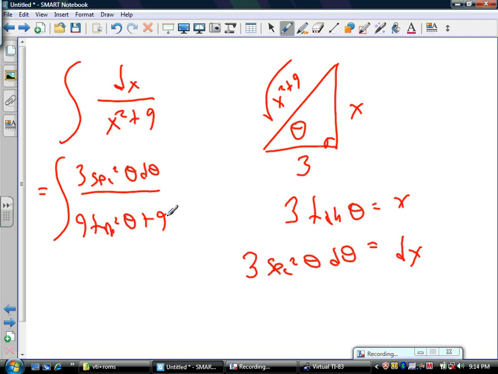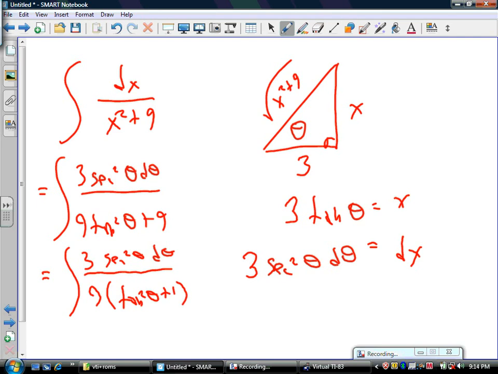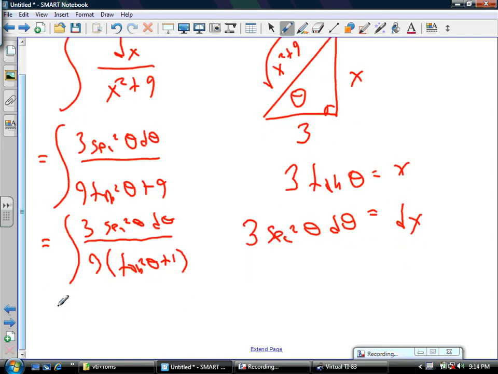You can factor out a 9. Okay, so I'm going to get, there's a 3 on top, secant squared theta d theta. There's a 9 on the bottom, times, factored out, tan squared theta plus 1. But remember, didn't we just say tan squared plus 1 is what? Secant squared. Aha. So that, well, what's 3/9, by the way? 1/3.